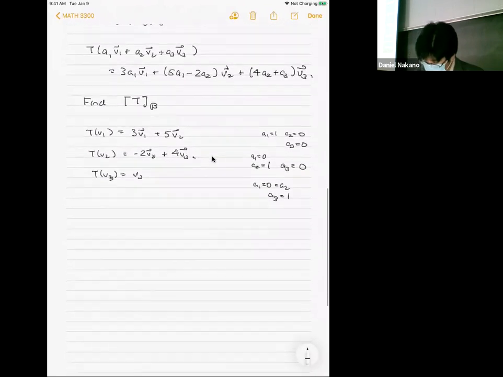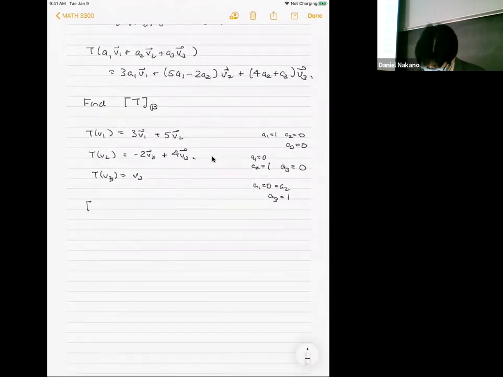So what is the coordinate of T of V1 with respect to the basis? Coefficients down the columns, so 3, 5, 0. Good.